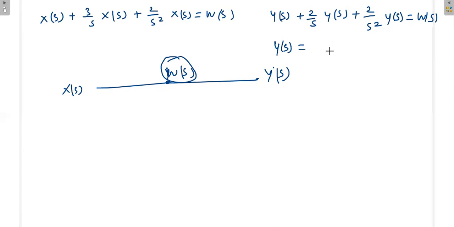So now Y(s) is equal to W(s) minus (2/s) Y(s) minus (2/s²) Y(s).